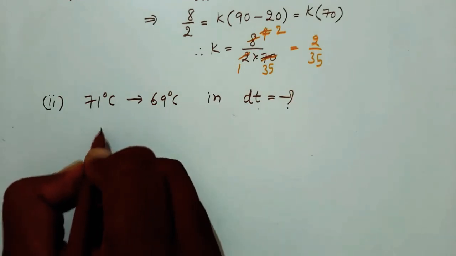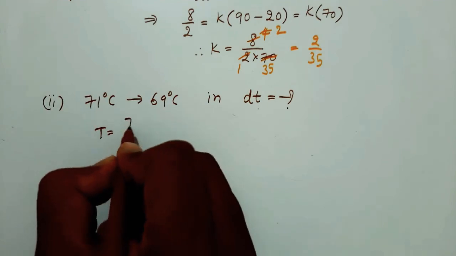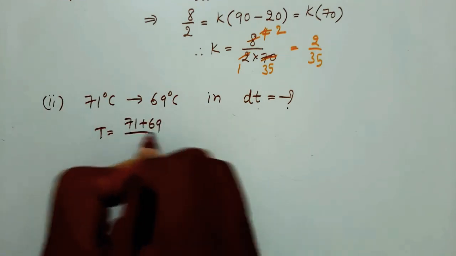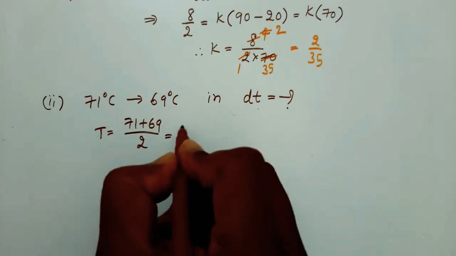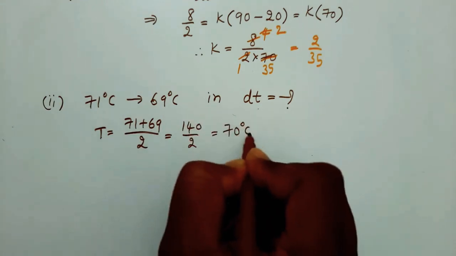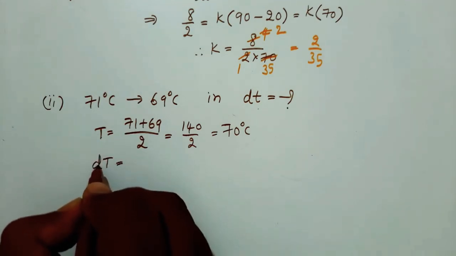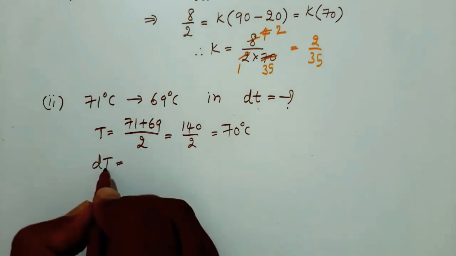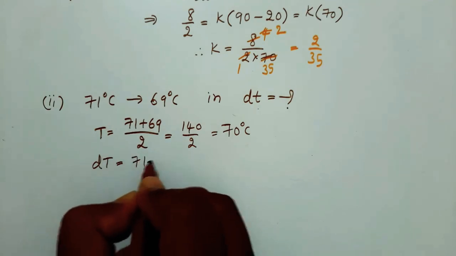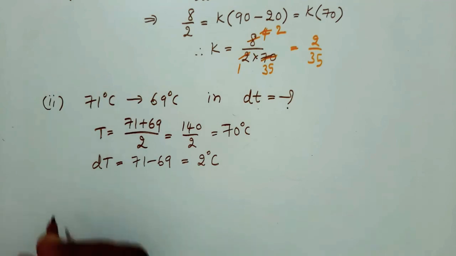So here T is equal to the average temperature, that is (71 + 69)/2 = 140/2 = 70 degrees Celsius. dT is equal to the temperature difference, that is 71 minus 69, which is equal to 2 degrees Celsius.